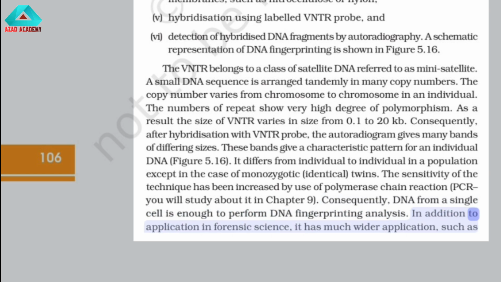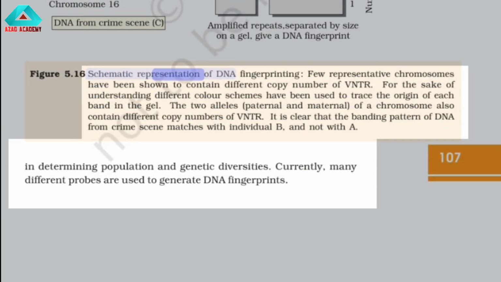In addition to application in forensic science, it has much wider applications. In the schematic representation of DNA fingerprinting, a few representative chromosomes have been shown to contain different copy numbers of VNTR. For the sake of understanding, different color schemes have been used to trace the origin of each band in the gel.